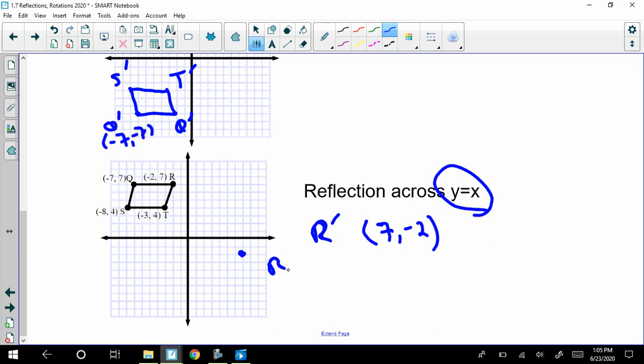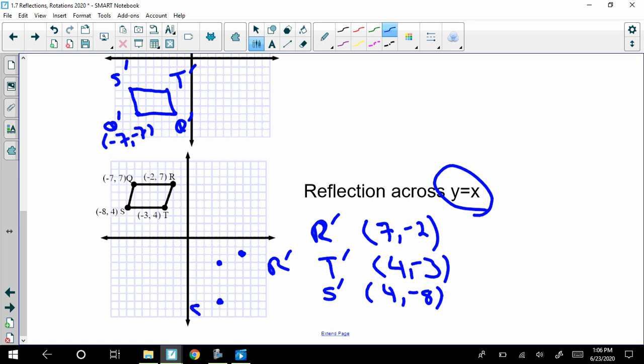So there's my R prime. My T prime is going to be at the point 4, negative 3. I'm going to go over 4, down 3. There's my T prime. My S prime is at 4, negative 8. So we're over 4, down 8.